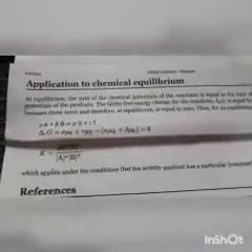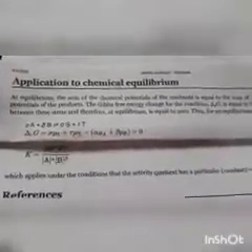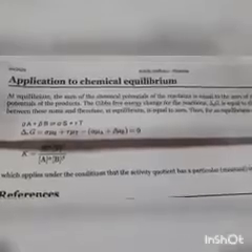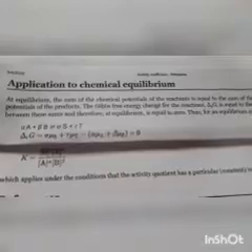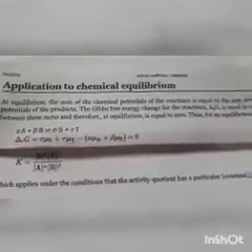Application to chemical equilibrium. At equilibrium, the sum of the chemical potentials of the reactants is equal to the sum of the chemical potentials of the products. That gives the free energy change for the reaction, delta R G, equal to the difference between these sums, and therefore at equilibrium it is equal to 0.